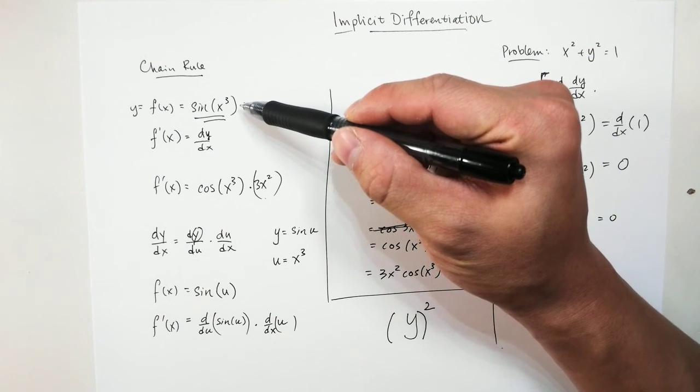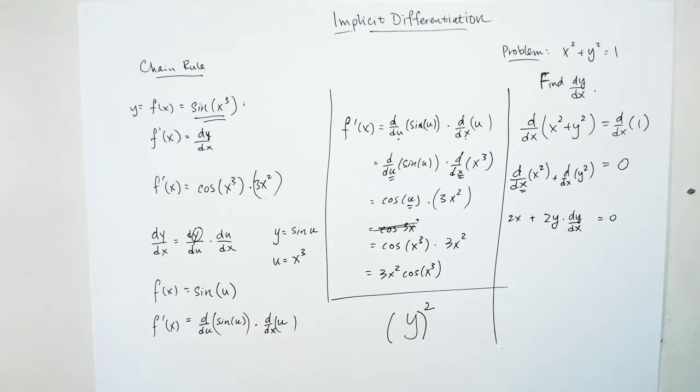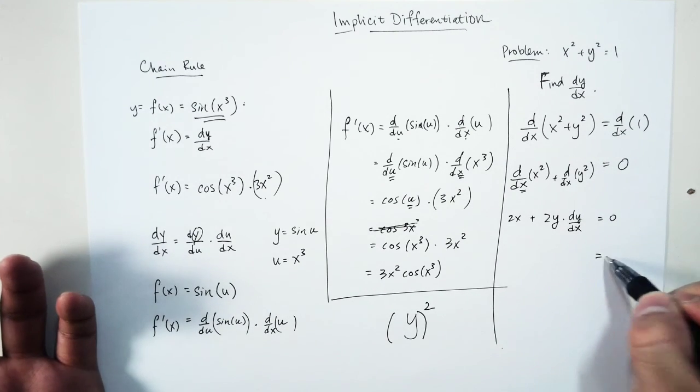We have the outer function, like sine x, the sine function, and then the inner function is our cubic function. So whenever we have two layers of functions, then we will have to use chain rule. And when y is an implied function of x, that's why we call it implicit differentiation.